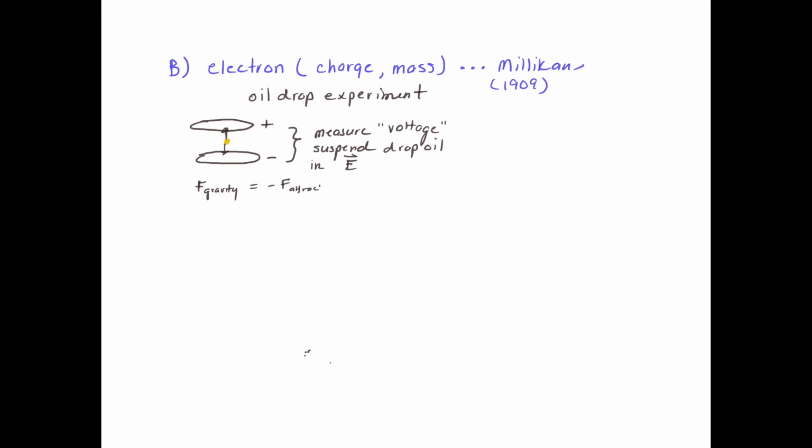And so, long story short, from that data and those observations regarding the magnitude of the voltage, he was able to determine the charge on the electron. Very cool. And that value is 1.602 times 10 to the negative 19th coulombs. So he's got the charge on the electron, okay?